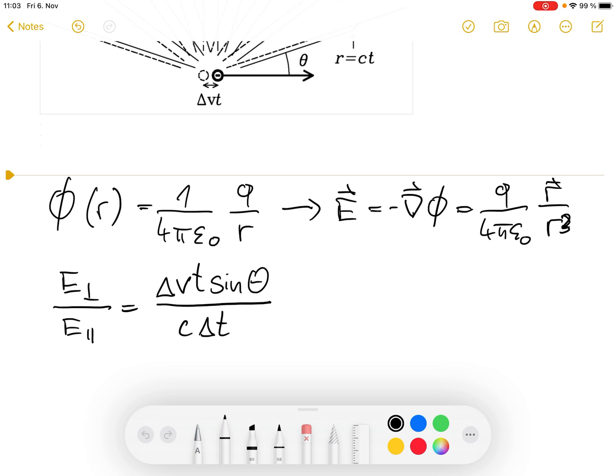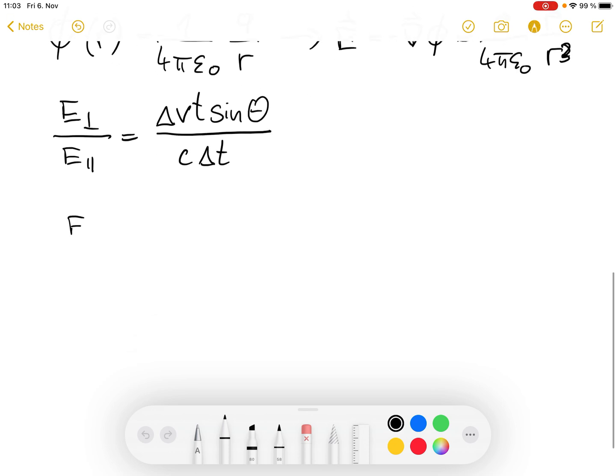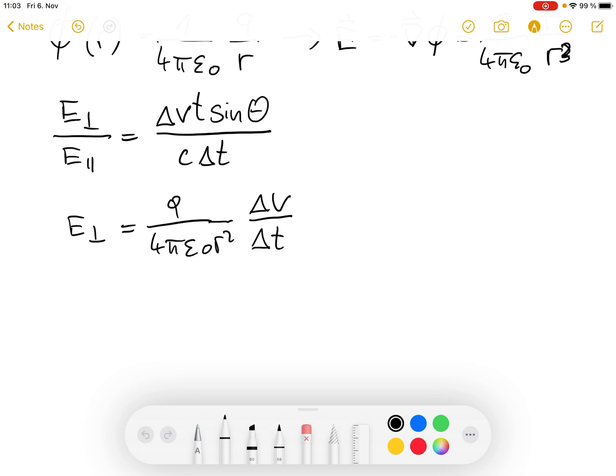We insert first the electric field that we have calculated. So we find for the normal component q over 4 pi epsilon 0 r squared. I write here this delta v over delta t times r sine theta over c squared.